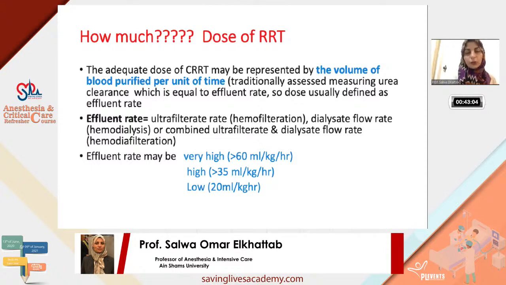The effluent rate is the rate of ultrafiltrate in the case of hemofiltration, and or dialysate if we are dialyzing the patient, or both of them if we are running hemodiafiltration. The usual dose is about 35 ml per kg per hour. Some were recommending 60 or more, which is very high, or low like 20, and still the usual is 35.